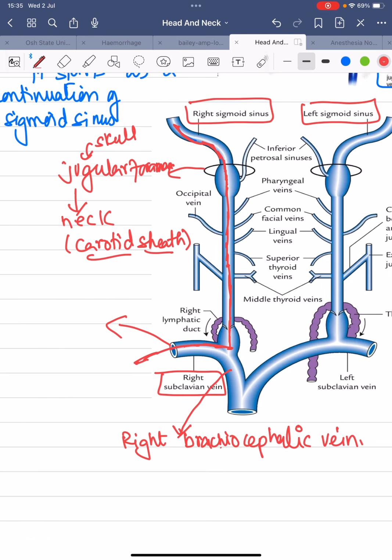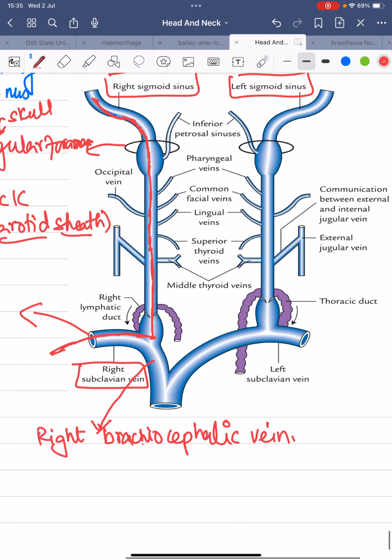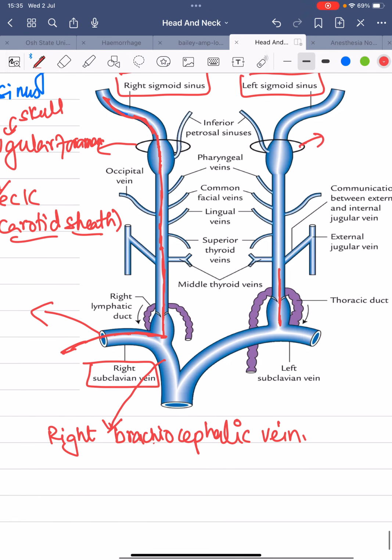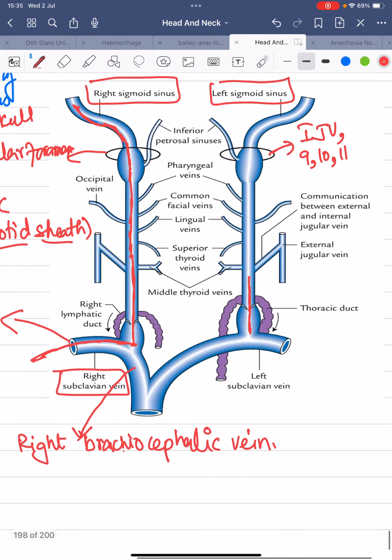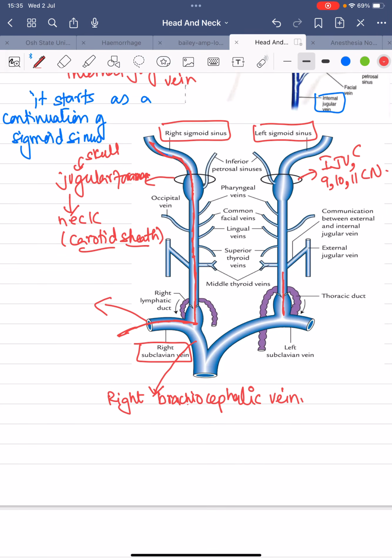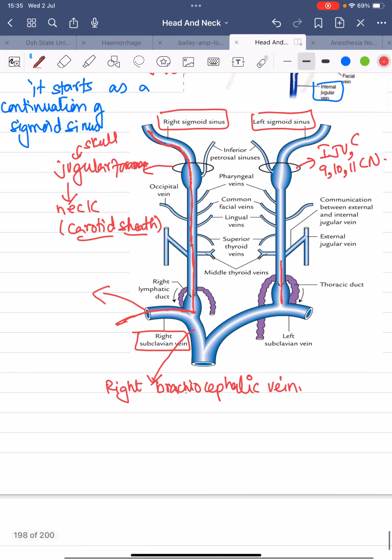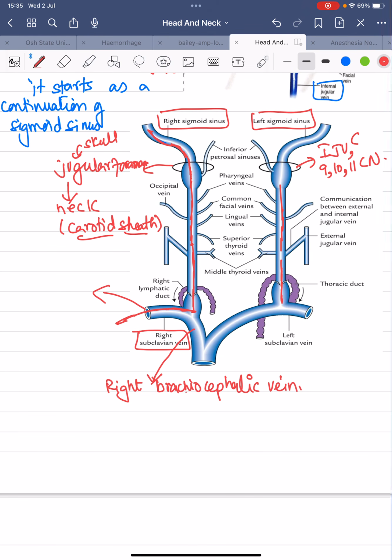So this is going to form here the right brachiocephalic vein. On the left side also the same, it is going downward. This is the jugular foramen. As you already know, through the jugular foramen, your internal jugular vein, your 9th, 10th and 11th cranial nerves are also passing. Okay, and when it is going down, it is joined here by this vein, which is your subclavian vein, and now it is going to form here the left brachiocephalic vein.